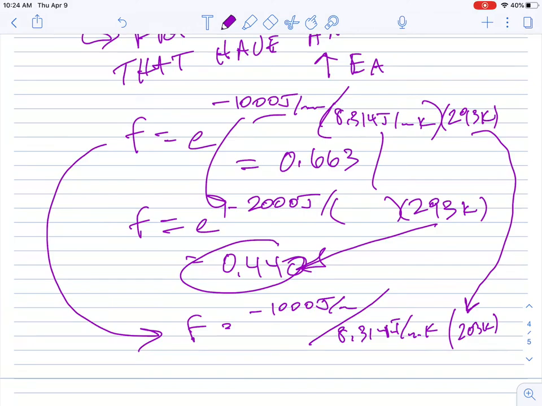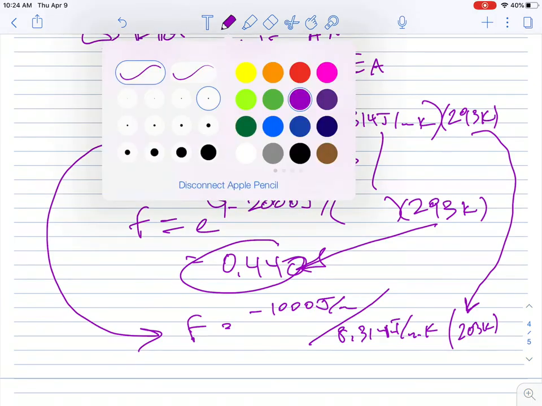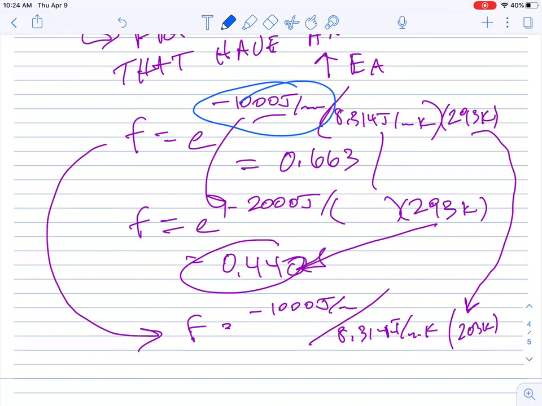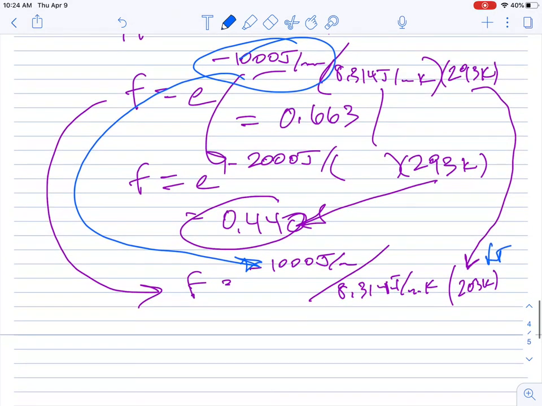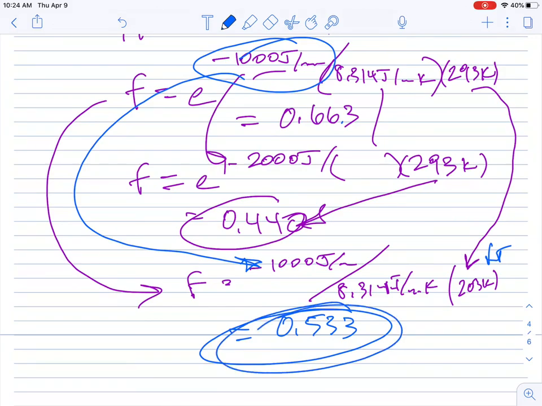So, comparing these, here's what's going to be important here, kids. Pay attention. Comparing these, we kept the activation energy the same, but we've dropped the temperature. Now, look what happens to this fraction. Wait for it. It's going to go down. So now, instead of having like 66.3% of the collisions that are above the activation energy, now we only have 53.3% of the collisions that are above the activation energy. Guess what, kids? The reaction is going to be taking place slower.